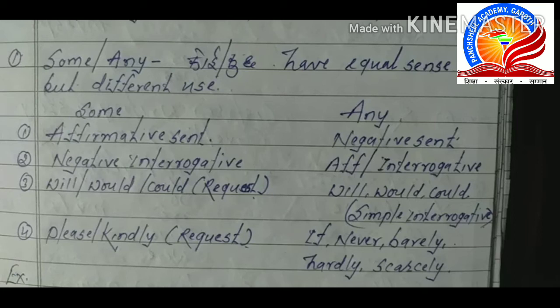When a sentence starting with will, would and could is a request, we apply some, and if they make a general question, we apply any. If there is please and kindly, we apply some, and if there is if, never, barely, hardly, scarcely, etc., we apply any.